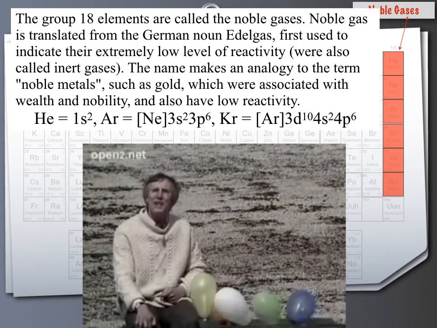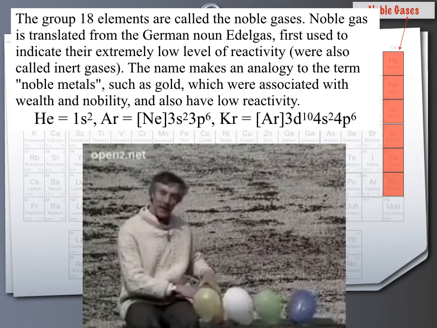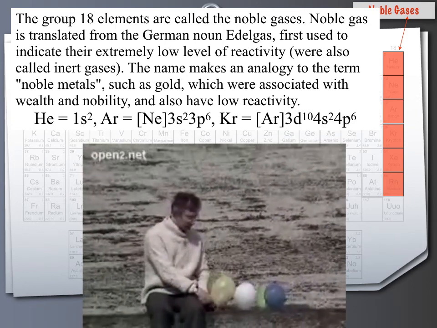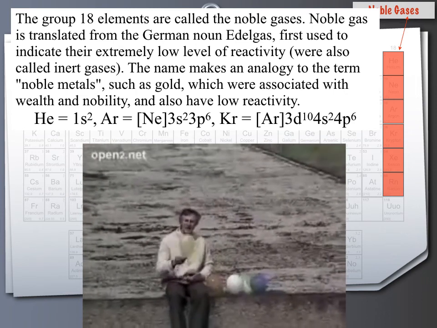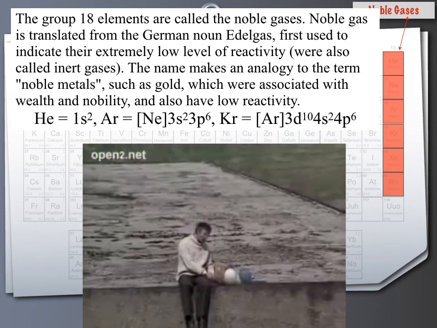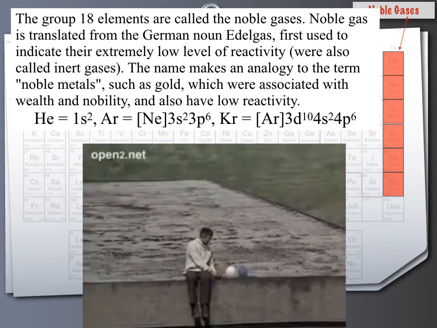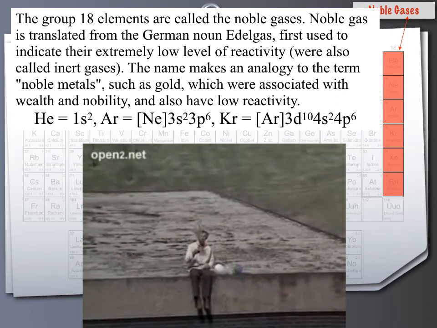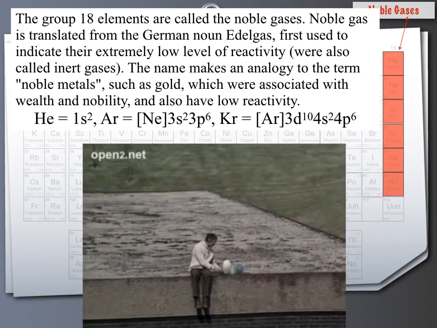The gases get denser. Helium is lighter than air. Neon is just lighter. Argon and krypton, I've just got to unstick these from the anchorage for a moment.